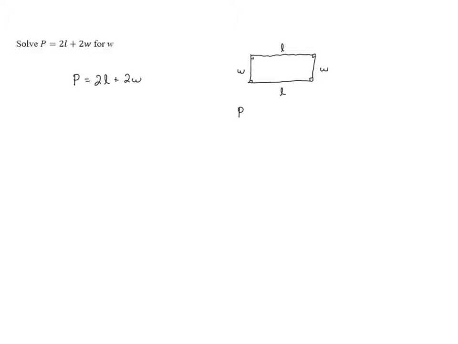So if we were to start at the bottom left corner and work our way around, as we go to the right, we move L units. So that's L. And then plus, as we move upward, that's W units.